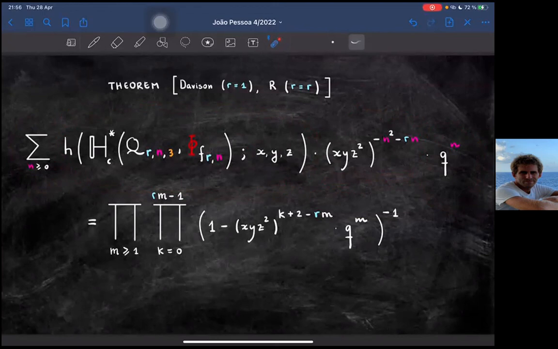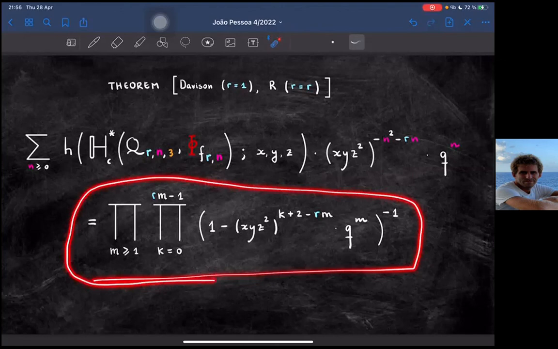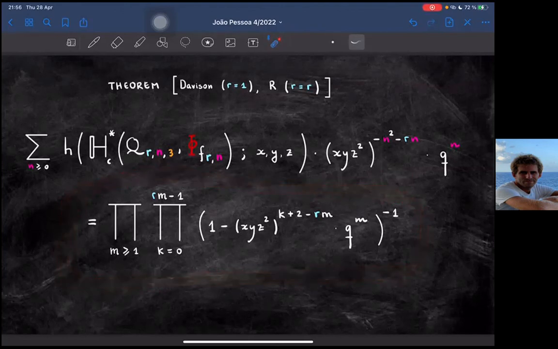And what we get is something very similar to the motivic generating function. We obtain this. This was a theorem of Ben Davison for rank 1, which was quite easy to generalize to higher rank. Okay, so this is a formula for the Hodge series.